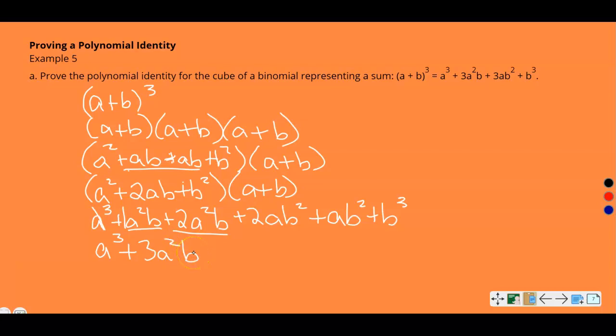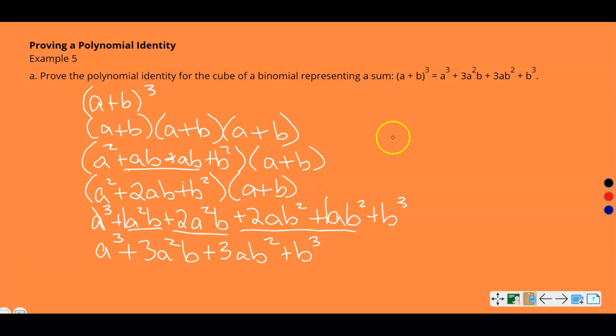And then here we have ab squared, and this one is ab squared as well. Again, there's no number here, so you add a 1. When there's no coefficient, you assume it to be a 1. So we've got 2 plus 1 is 3ab squared, and then b cubed.